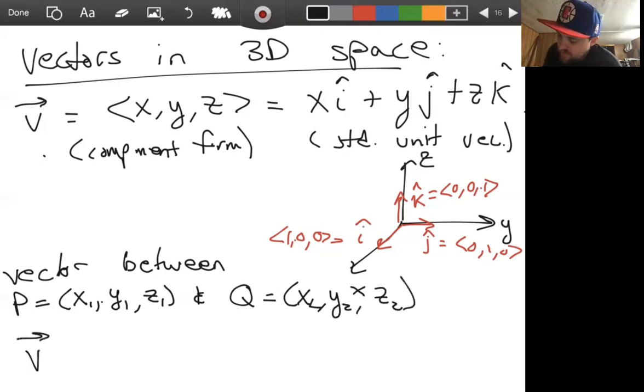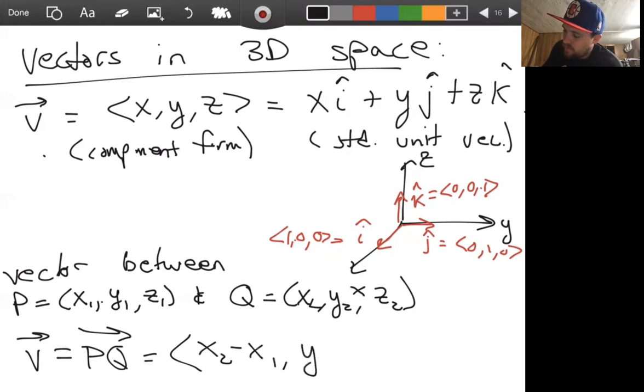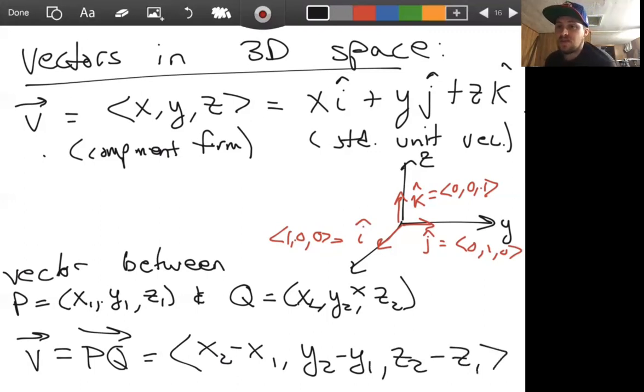This is given by v, which we also express as PQ, as <x2 - x1, y2 - y1, z2 - z1>. It's the terminal point minus the initial point, but you take these differences component-wise, right, as we can see here.